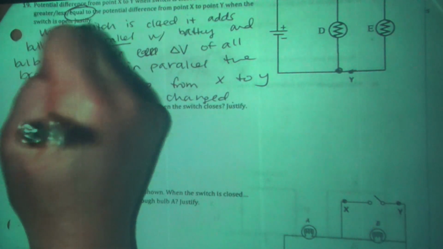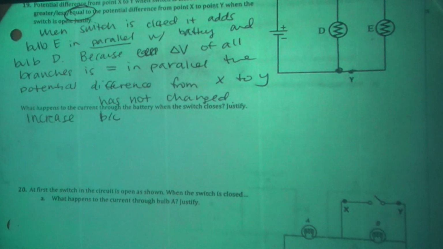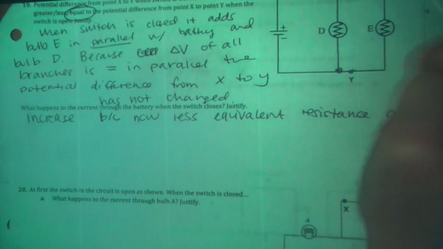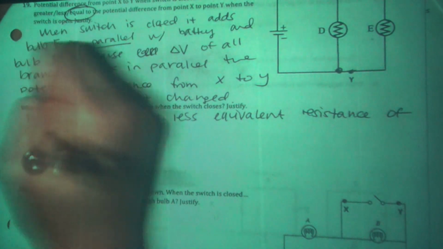Part B, what happens to the current through the battery? We already kind of just answered that. It would increase, and there are two ways you can think about this. One way is you can say now there is less equivalent resistance in the circuit because you added a resistor in parallel.